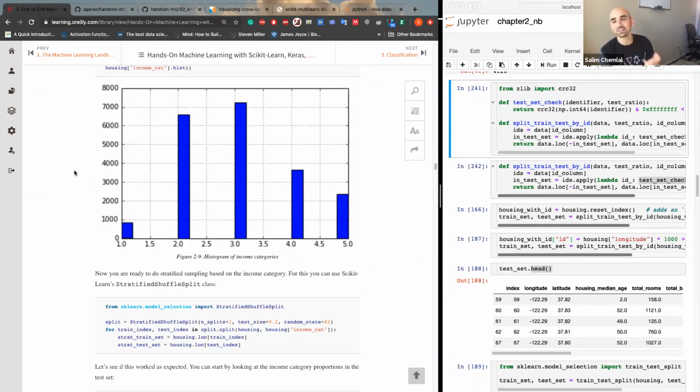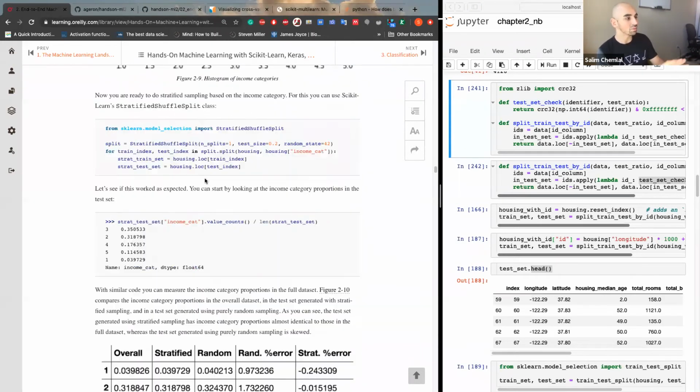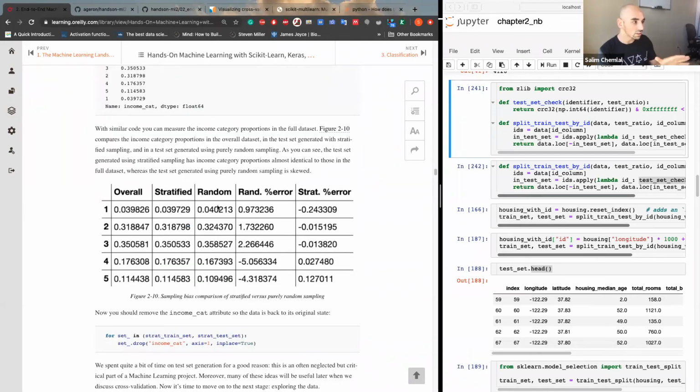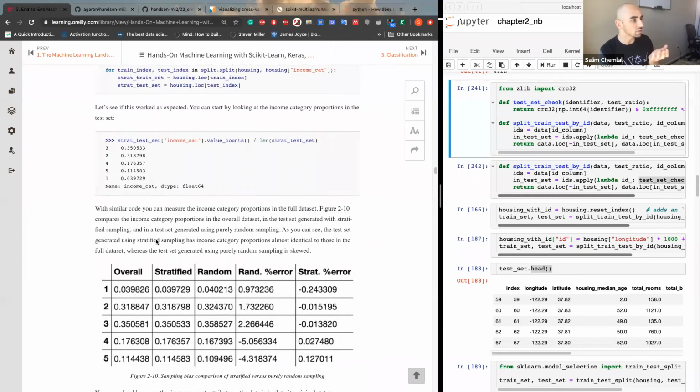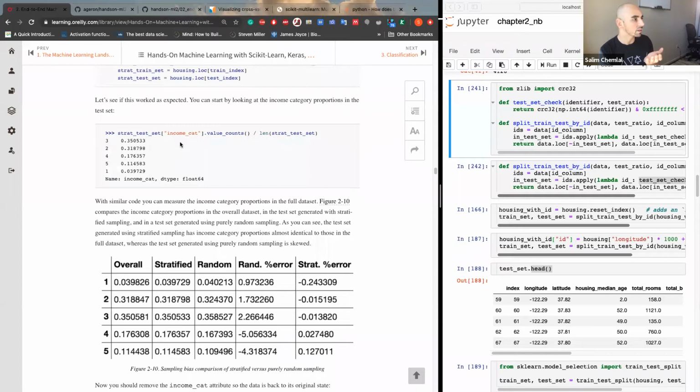So a lot of this comes with experiments, and that's why there is always a reference point where you have to check how you are doing. For example, I believe this is fine how he did it. Why? Because when we compare the results here, looking at the overall, the stratified, and the random, he split them into 5 already.